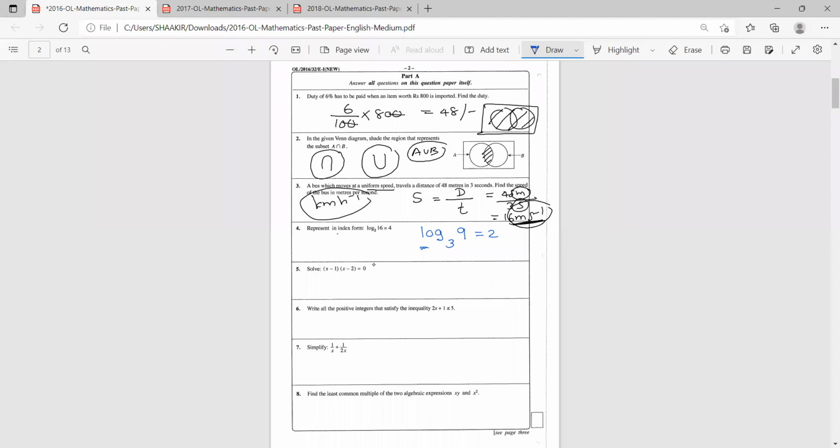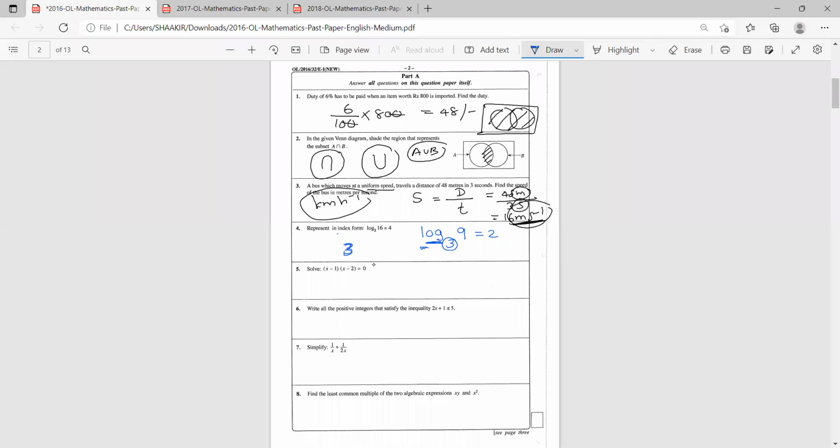Okay, how will it come? So here, I'll pronounce this and show. If you are pronouncing this, listen carefully. Logarithm of 9 to the base 3. Here this will always be the base. Logarithm of 9 to the base 3 is 2. So this is the logarithm form. If you are writing this in the index form, the base is 3.